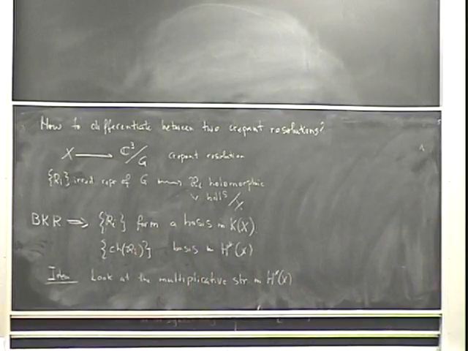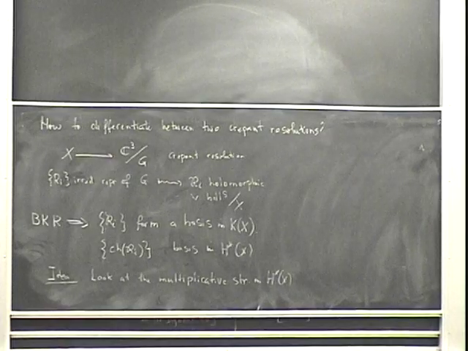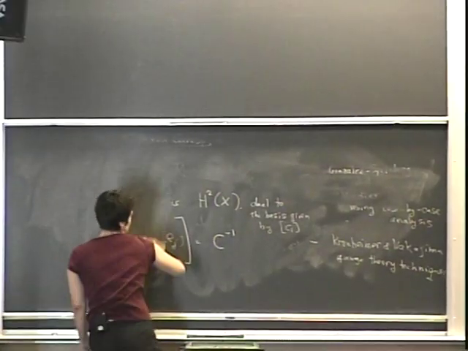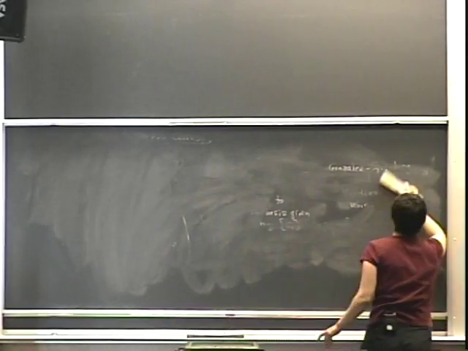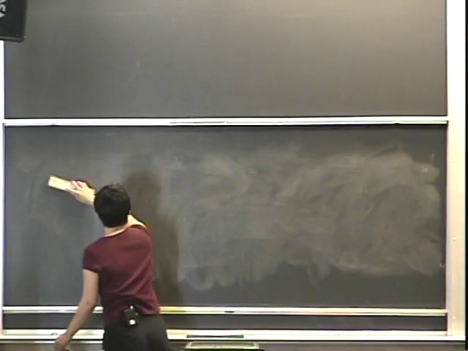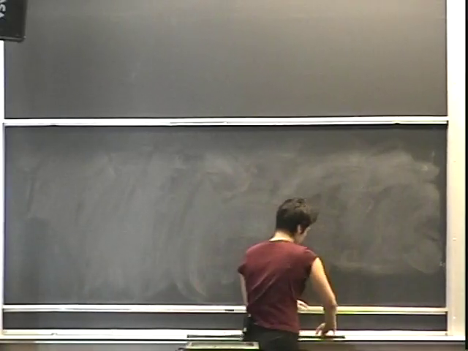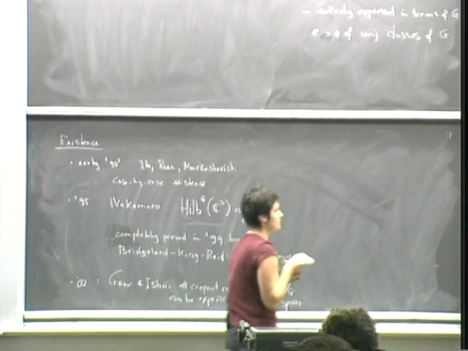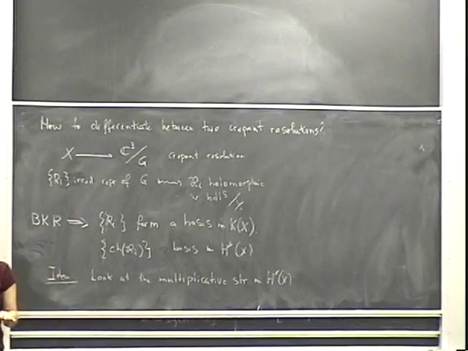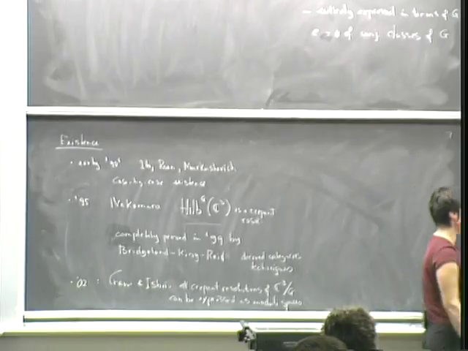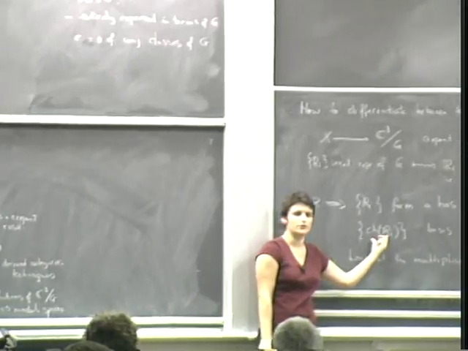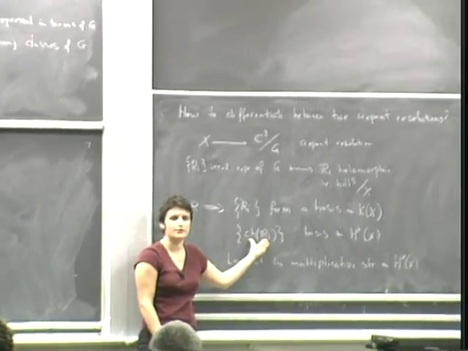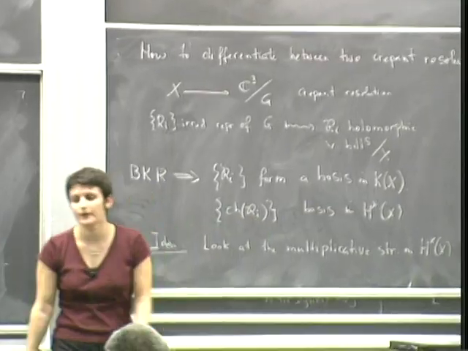How can you do this? The idea will be to use index theory, because multiplying Chern characters takes you to index theory.